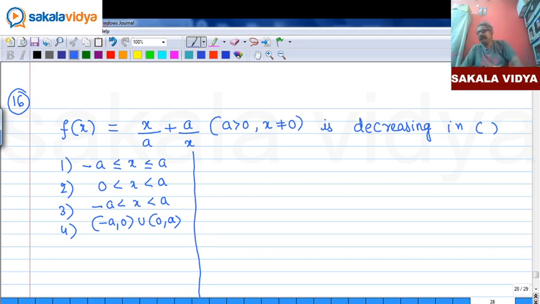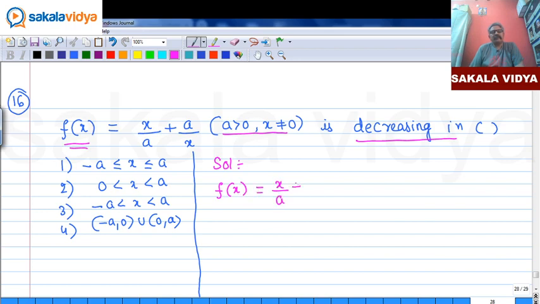Now, f of x equals x by a plus a by x, a greater than 0, a is positive, and x does not equal to 0. In which interval is this function actually decreasing? We need to evaluate. Solution: here f of x equals x by a plus a by x.